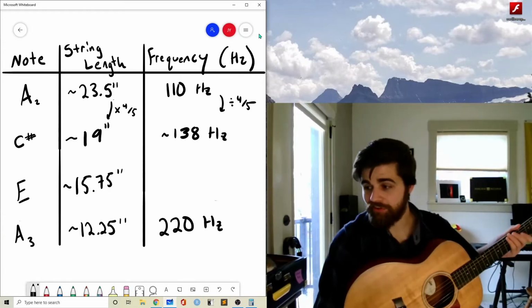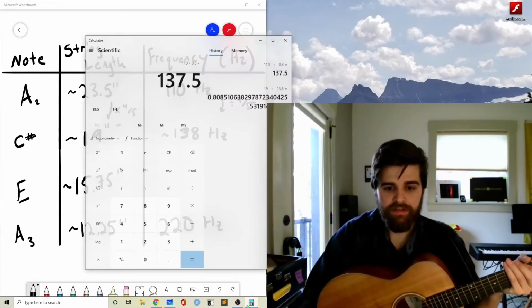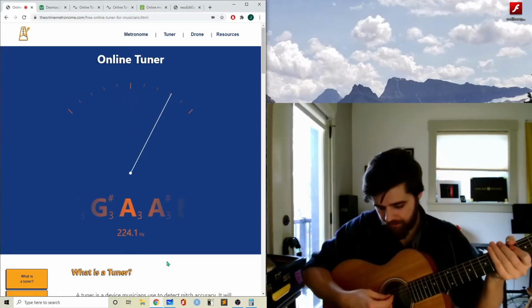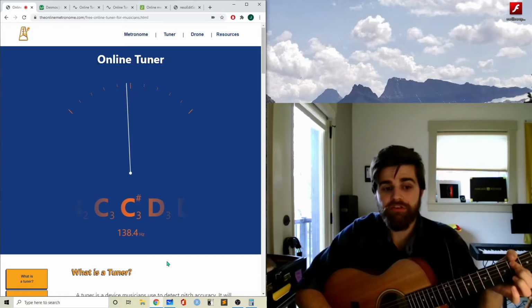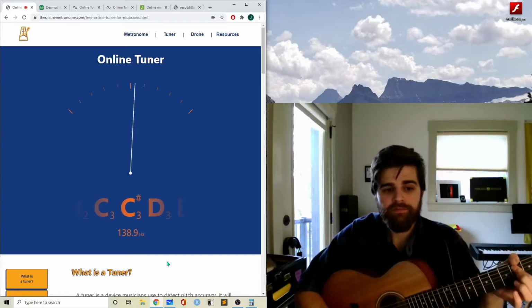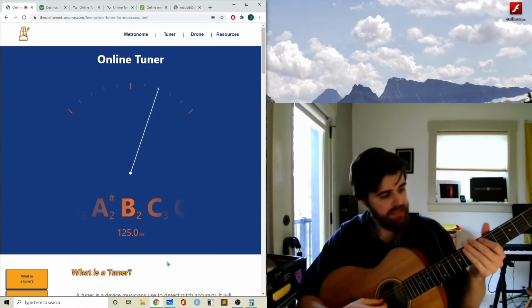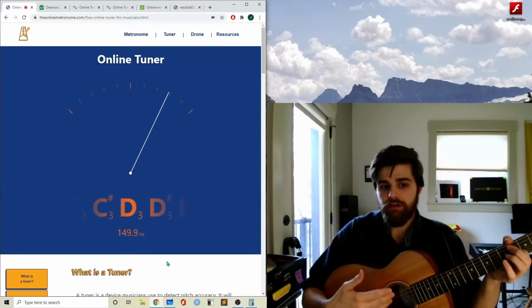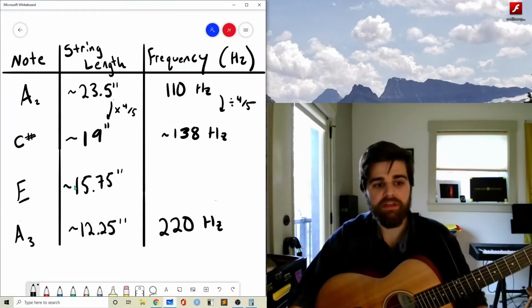It should really be 138.5, but again, our measurements aren't really perfect here, and there's some other stuff going on. But let's try it out. There we go, about 138. So just like we predicted using the length of the string, we produce a sound wave that has a proportionally increased frequency. We can do the same thing with an E.